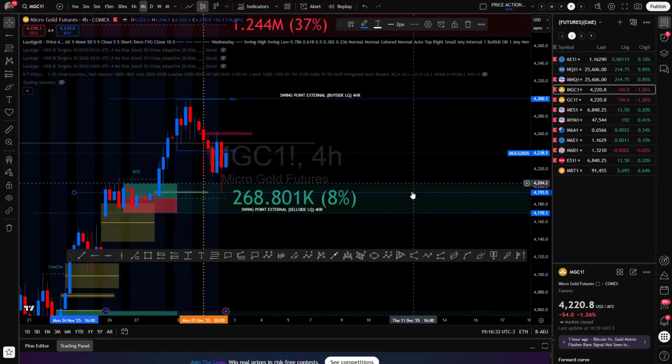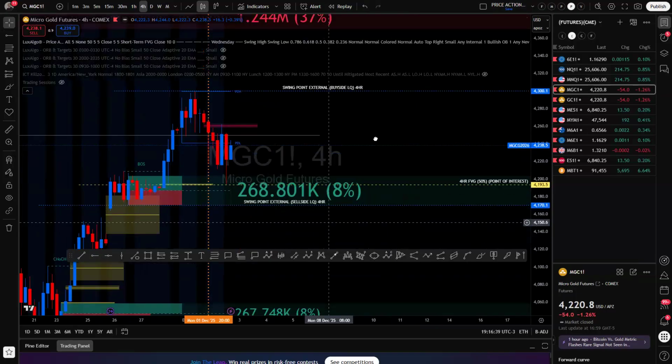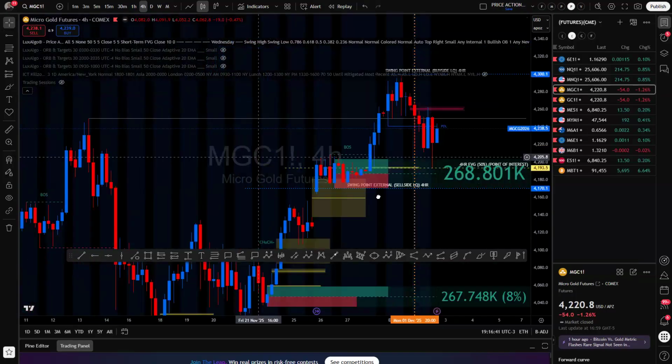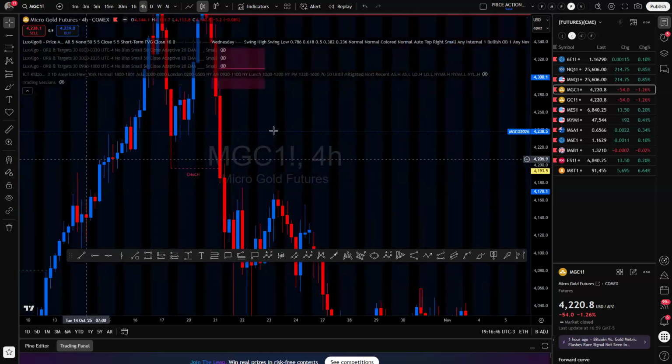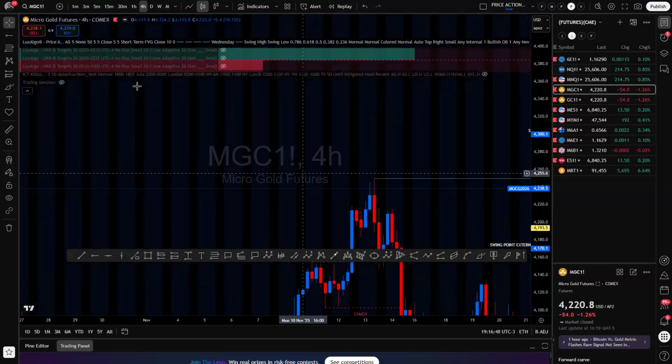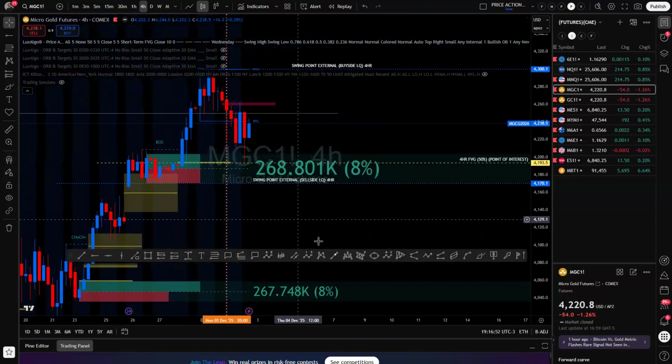I'm going to mark this out. Because when you look at the 4-hour here, parts of the wall bears from here, but we're currently bullish. Yeah, so that makes sense.